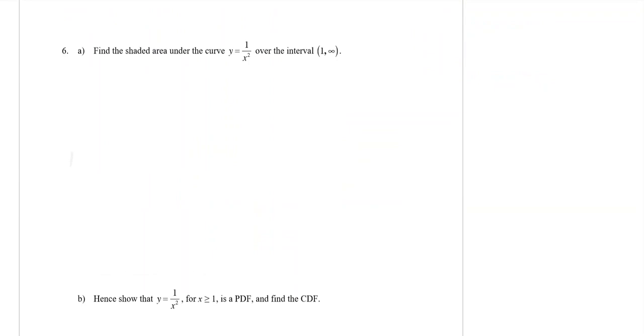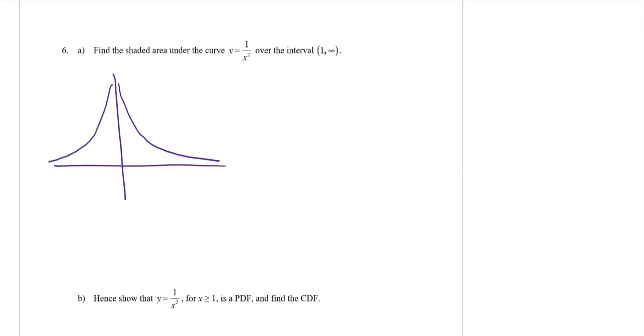Question 6. Find the shaded area under the curve y equals 1 over x squared over the interval between 1 and infinity. The graph of this is hyperbolic in the first quadrant, but because it's x squared, it's in the first two quadrants. It looks like that.